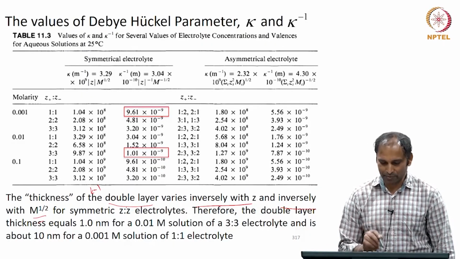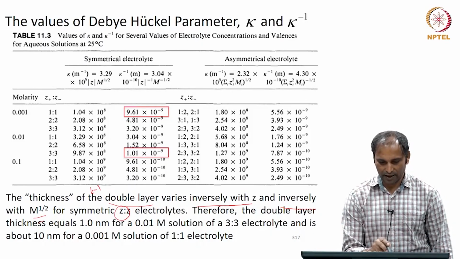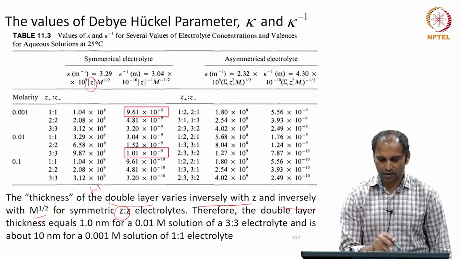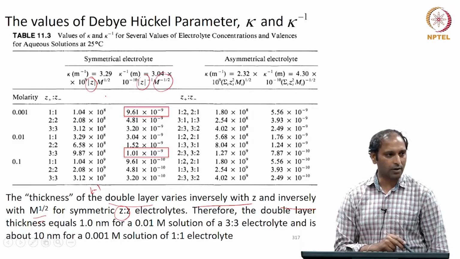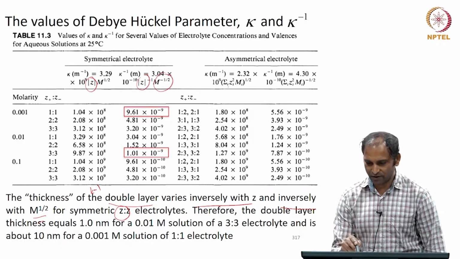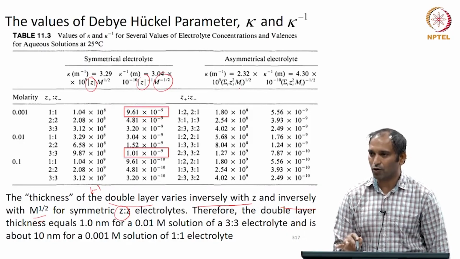Again I can make this statement only for z:z electrolyte. So, kappa inverse goes as 1 over z and m power minus half. However, for the non-symmetric electrolyte, it is a little bit more complicated.